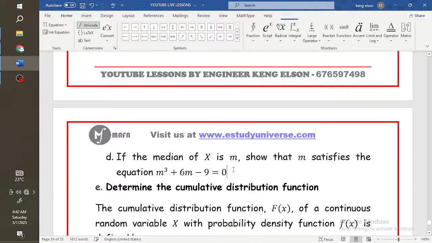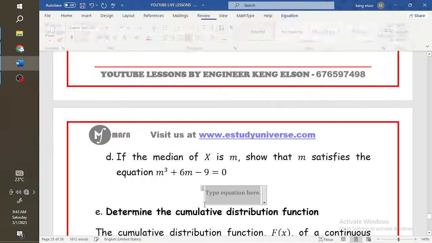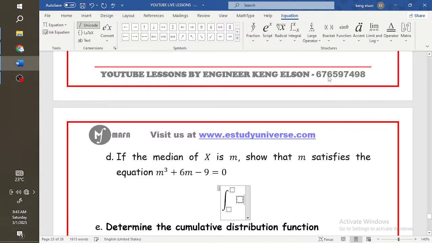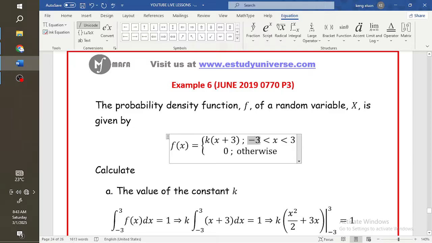Okay, then the last part says that if the median of x is m, show that m satisfies this equation. So from our definition, we know that if m is a median, the probability is equal to half, right? The lower bound is negative 3.